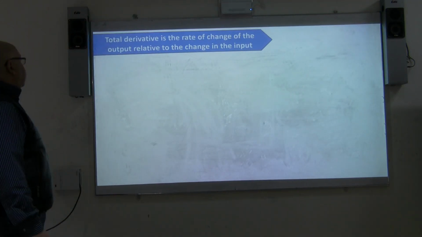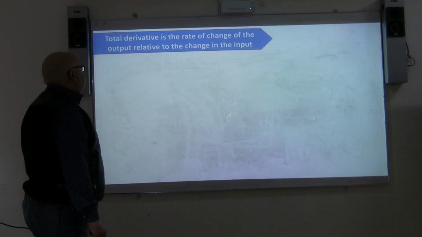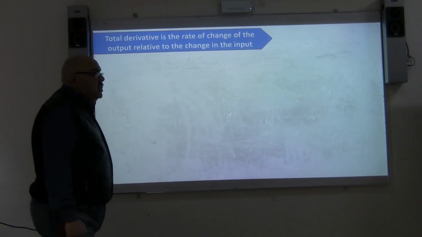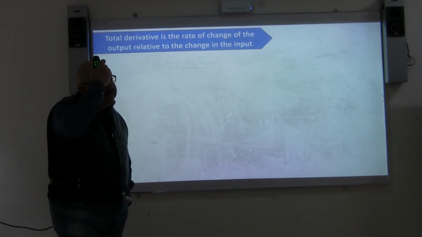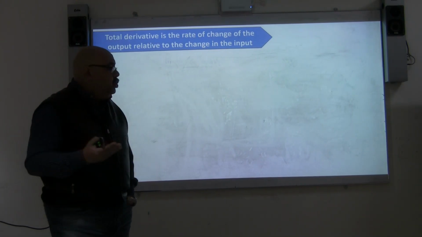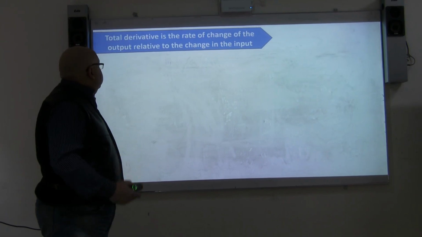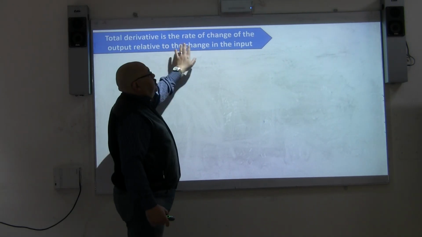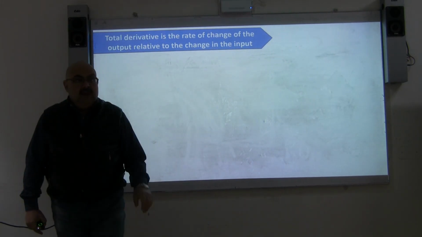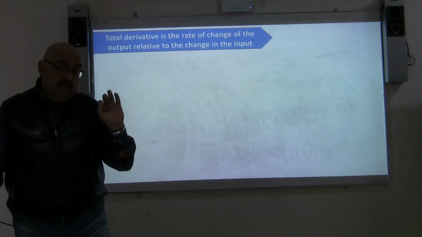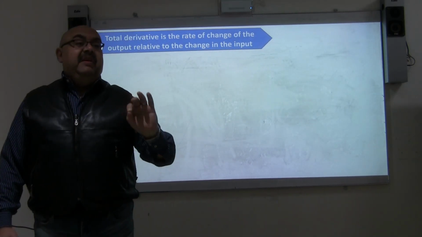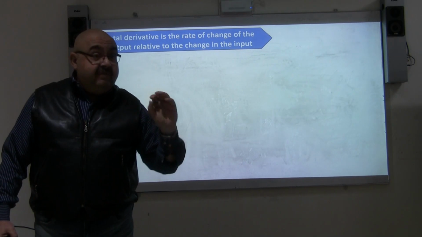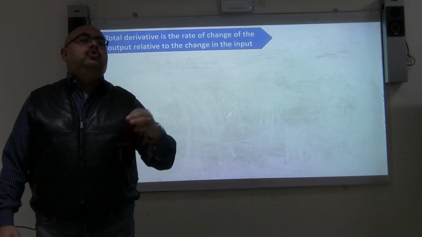So I will start with the total derivative. The idea about derivative is measuring the rate of the change of the output variable relative to the change in the input variable. If we are talking from R to R, or single valued functions in one variable, then you will do the total derivative.